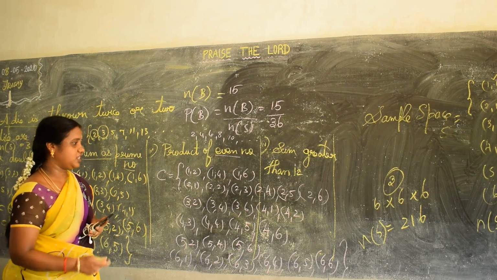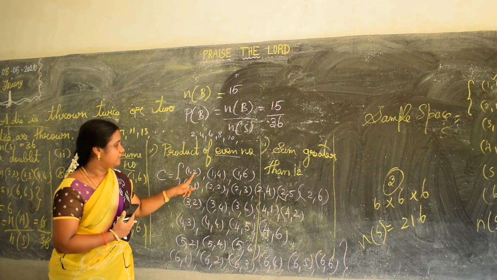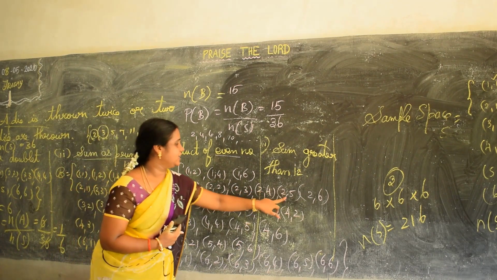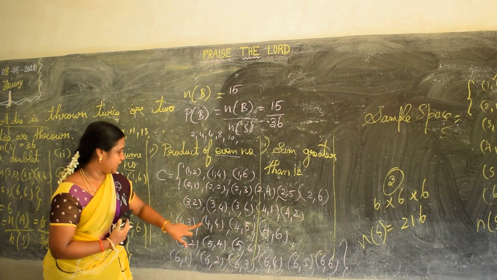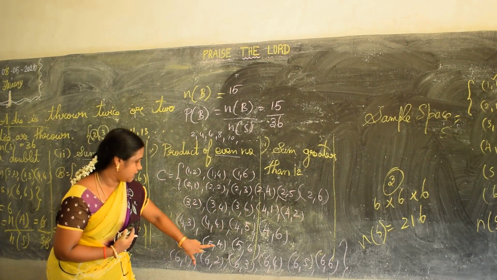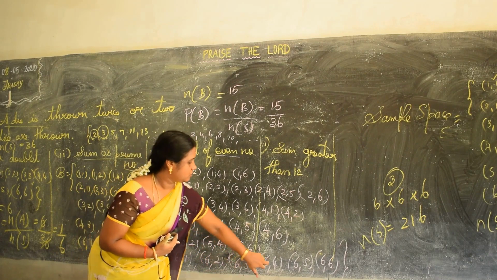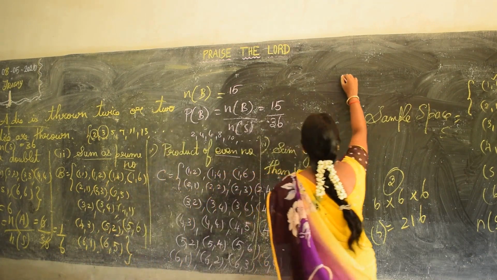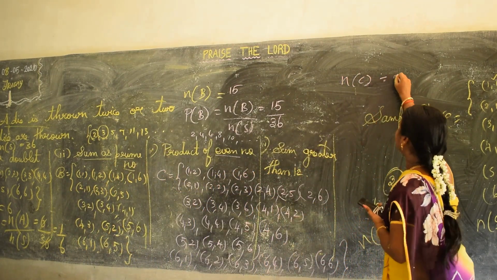So what is our n of c? You have to count all the elements. 1, 2, 3, 4, 5, 6, 7, 8, 9, 10 and so on up to 27. So our n of c is equal to 27.